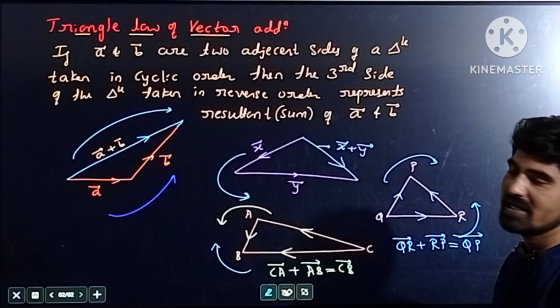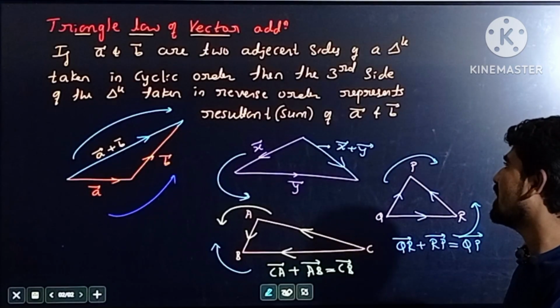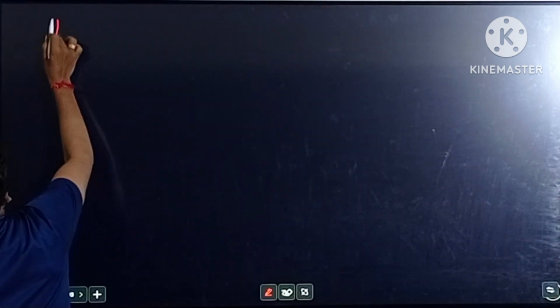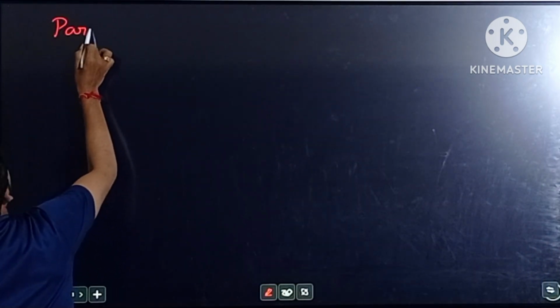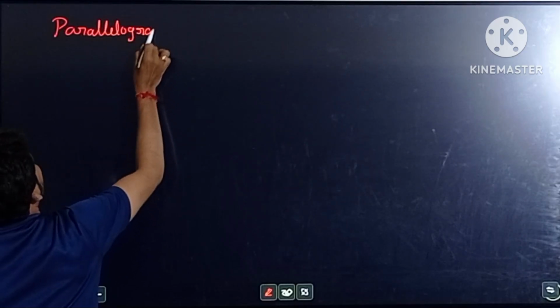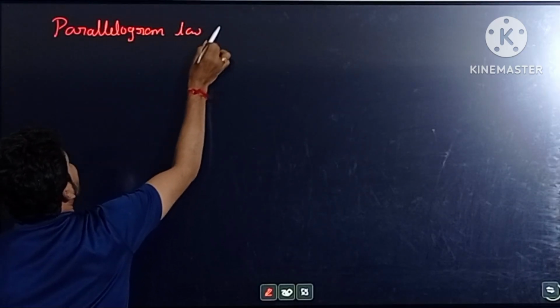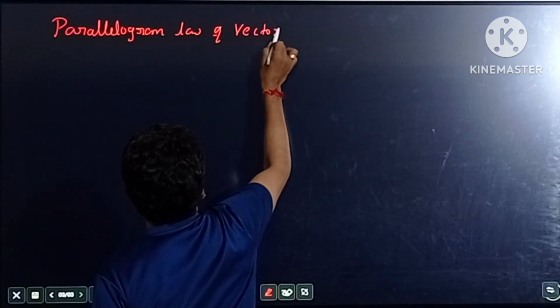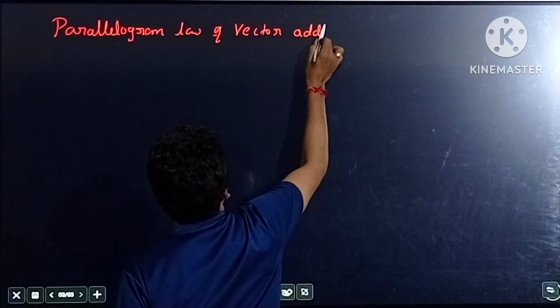So what is the next one? The next one is the parallelogram law of vector addition. The second one is the parallelogram law of vector addition.